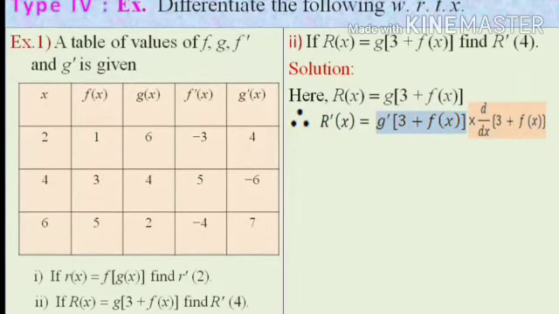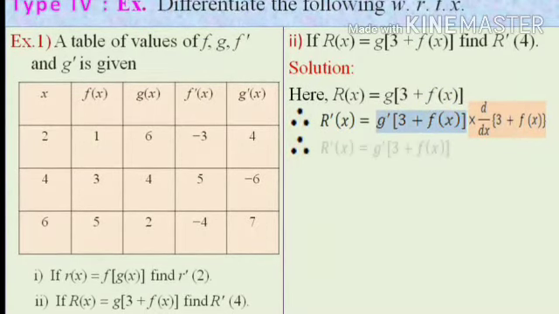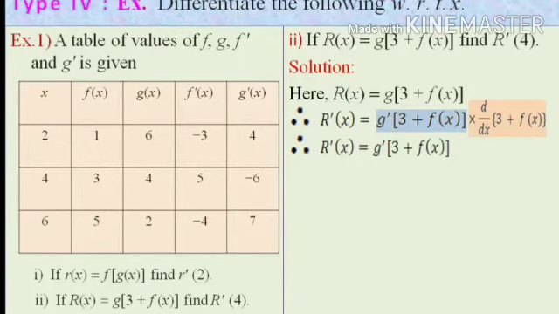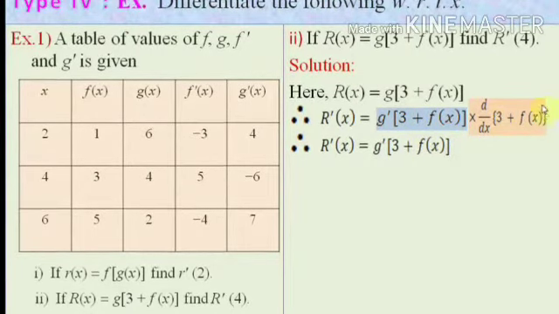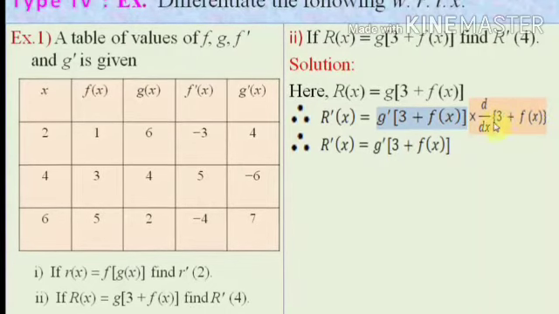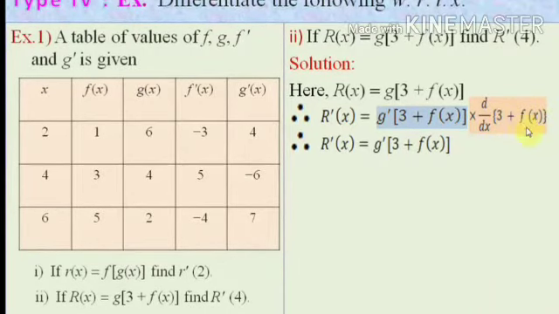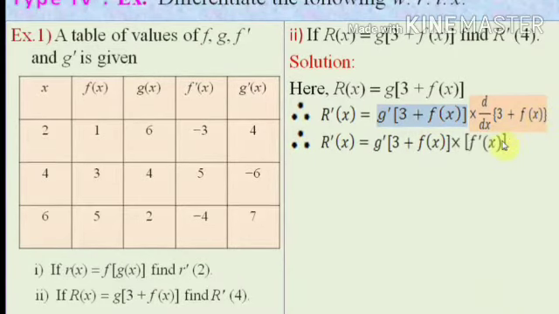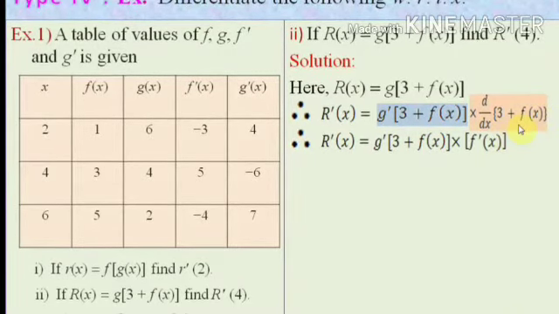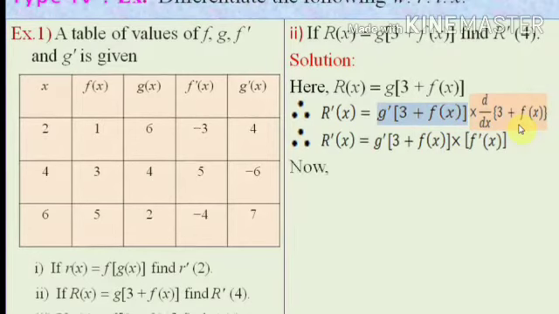Therefore r dash of x equals g dash of bracket 3 plus f of x into the derivative of 3 plus f of x, the derivative of 3 is 0 plus the derivative of f of x, that is f dash of x. Okay, that means r dash of x equals g dash of 3 plus f of x into f dash of x.